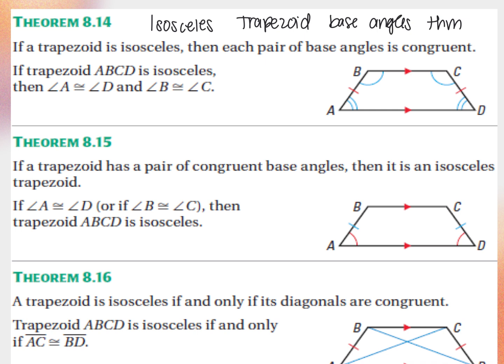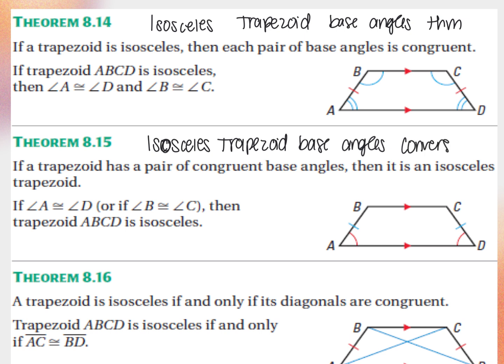So it's isosceles trapezoid base angles converse. Okay, the second one is the converse.